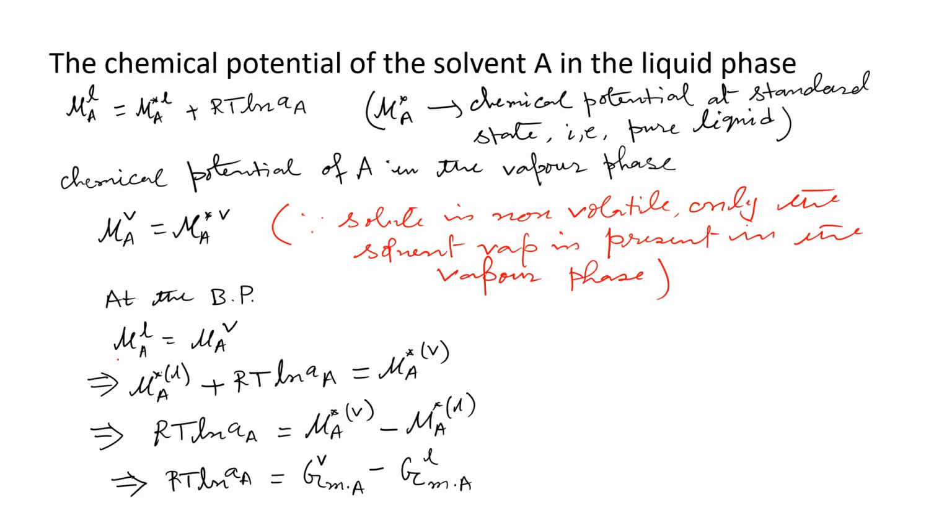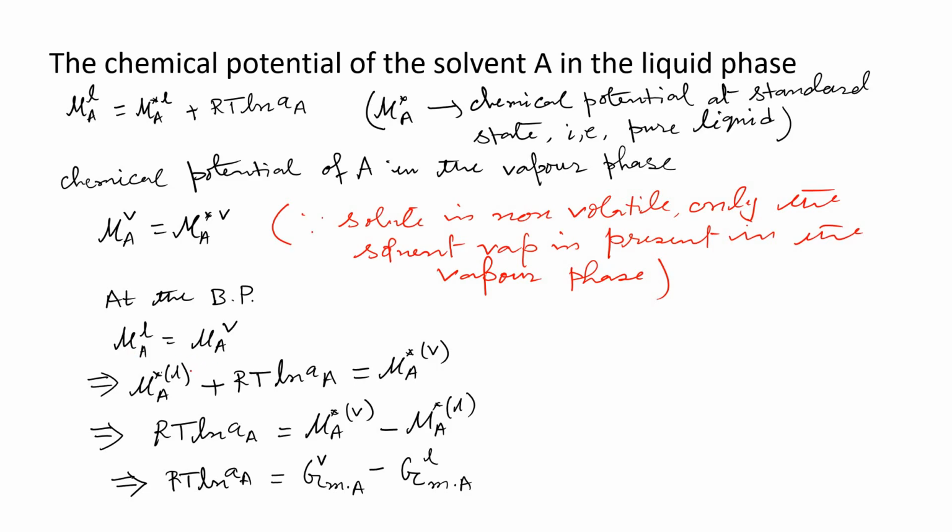At the boiling point, the chemical potential of the liquid phase and vapor phase are equal. That is the condition, because we know that at equilibrium, the chemical potential of the substance must be equal in all the phases.